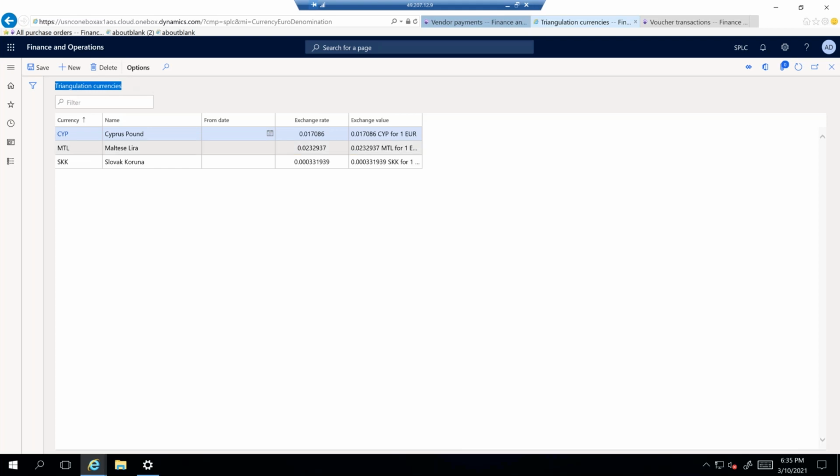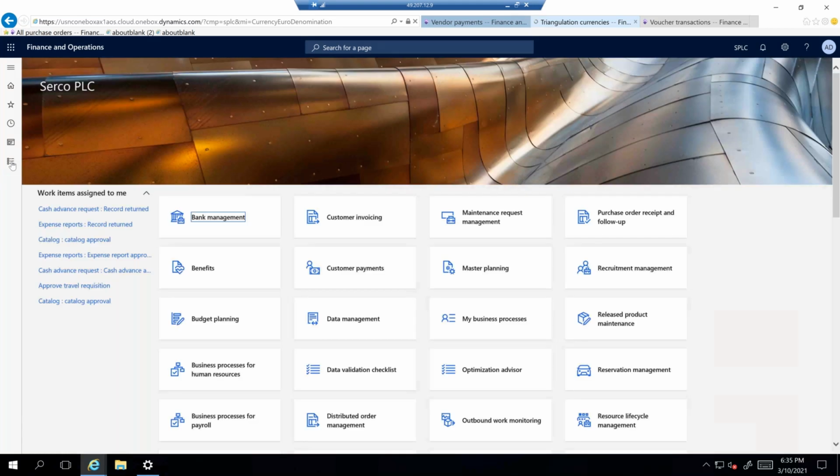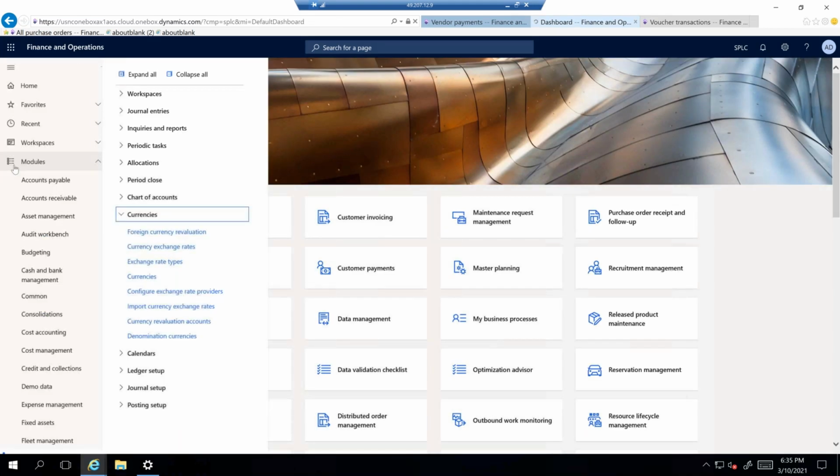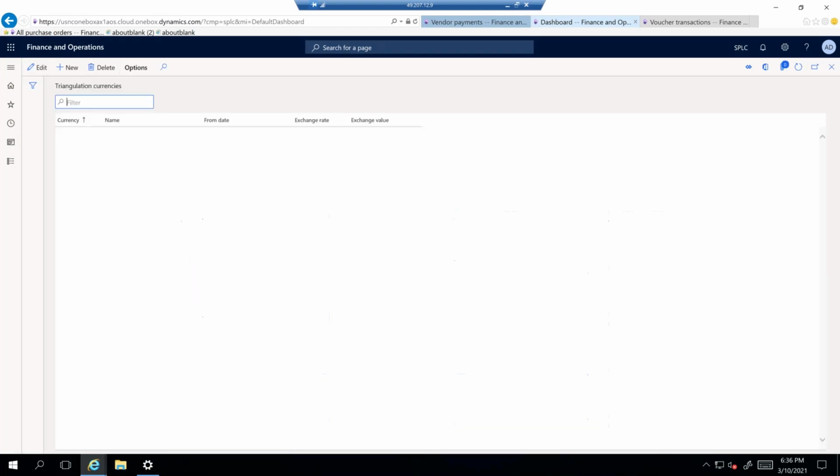So the form name in 2012 is triangulation currency only, but in D365 they have renamed: the form name is triangulation currency, but the menu name is denomination currency. Denomination currency means triangulation currency. So how will the system understand euro versus this one?